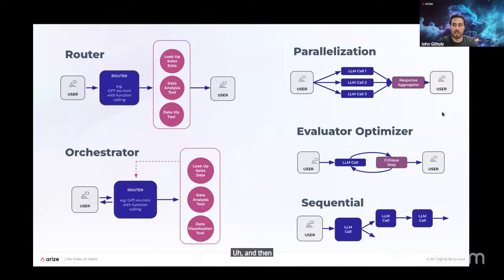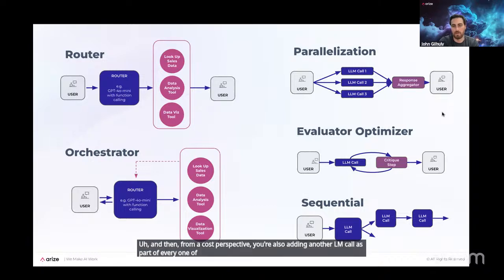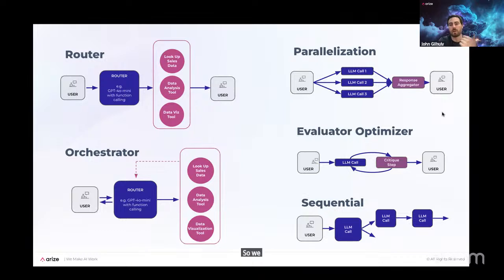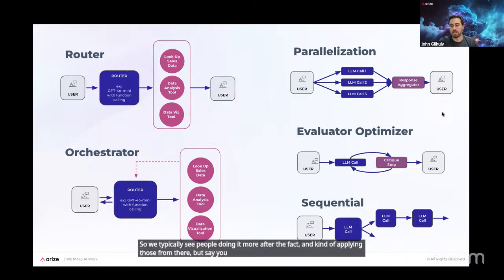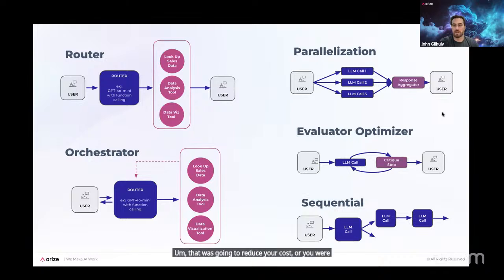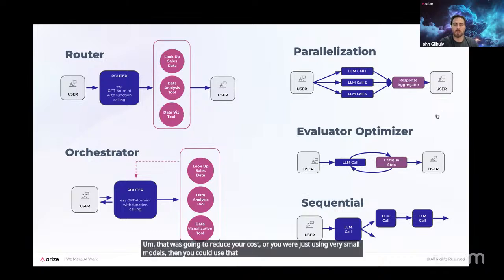And from a cost perspective, you're also adding another LLM call as part of every round of your router. So we typically see people doing it more after the fact. But say you had an application that wasn't user-facing, say you were using local LLMs or your own hosted LLMs that would reduce your cost, or you were just using very small models, then you could use that approach as well.